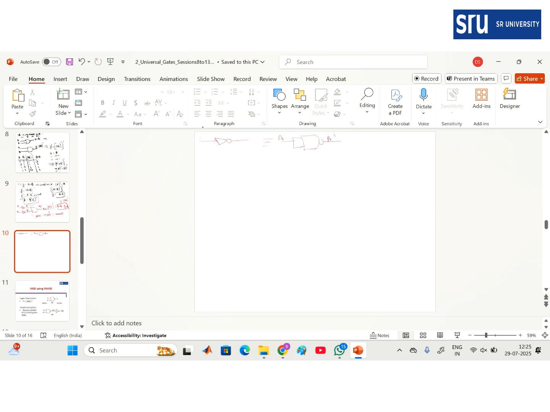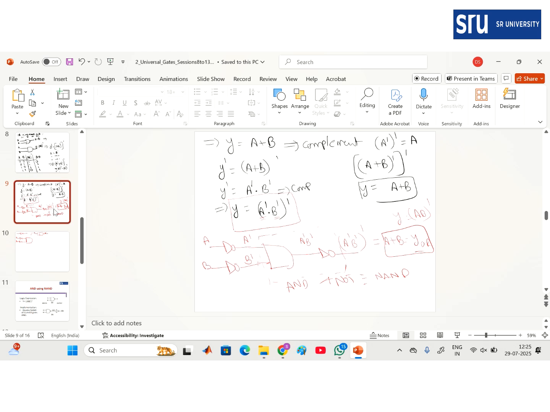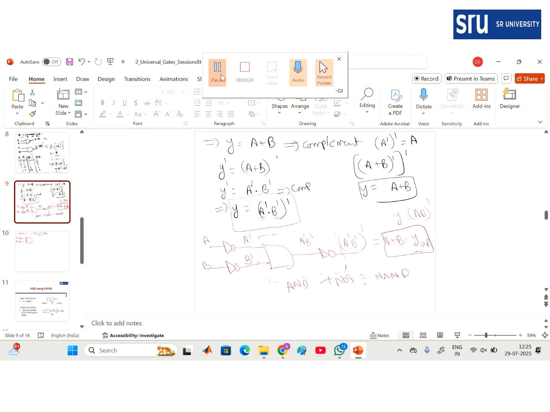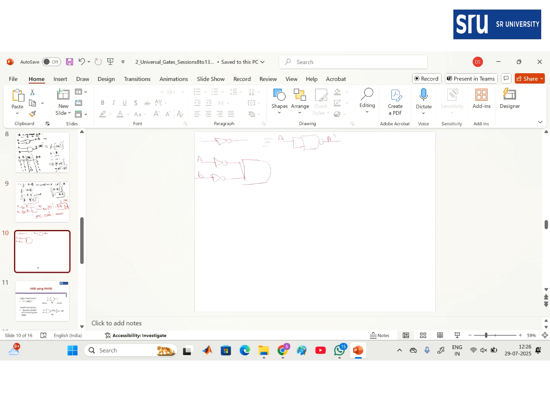In the same way, here my circuit diagram is A bar, B bar, two inputs with a NOT gate, and in the last slide I have explained AND plus NOT. In last slide I have already told you AND plus NOT is NAND, right? In the same way, here I got a NAND gate, right?